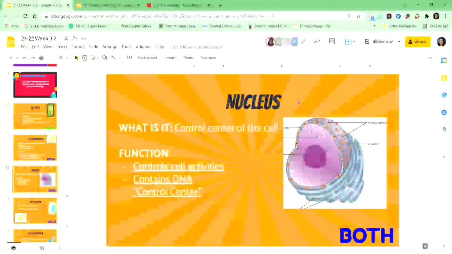Right, the nucleus is also found in both plant and animal cells. It is the control center of the cell. And the nucleus's function is it controls the cell activities, it contains DNA, and it is the control center. So it's the brain of the cell. It tells things when to do them and how to do them.